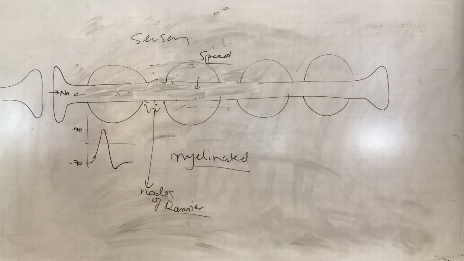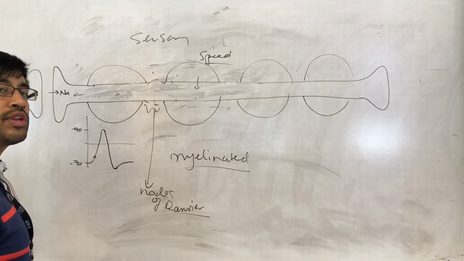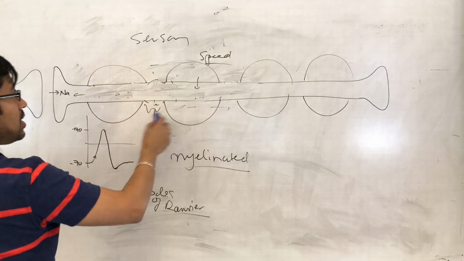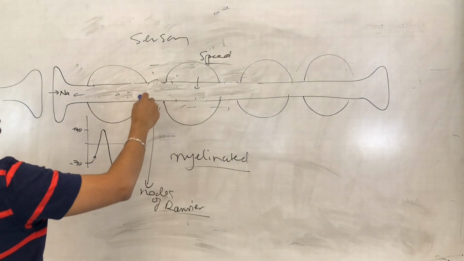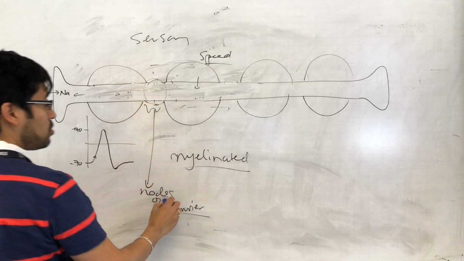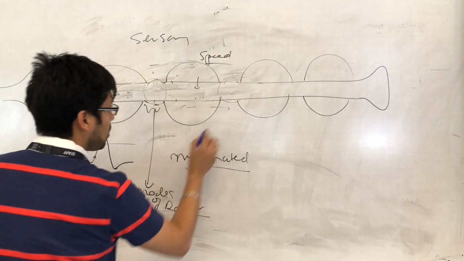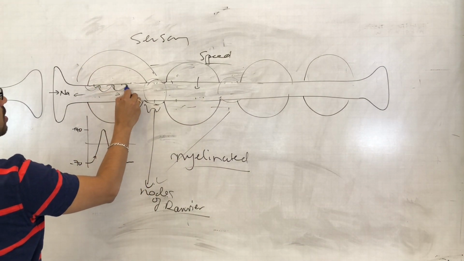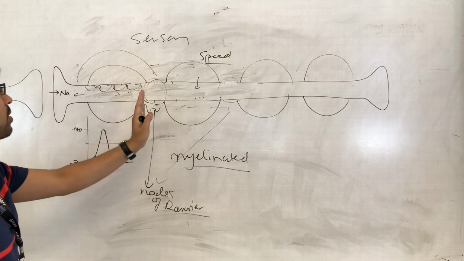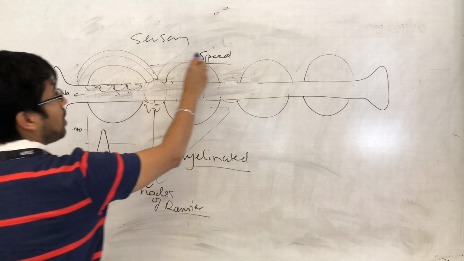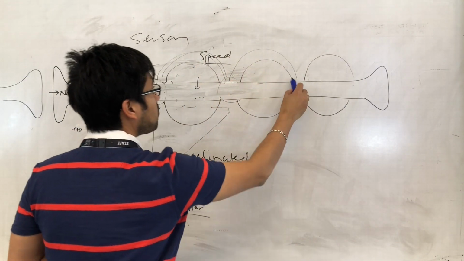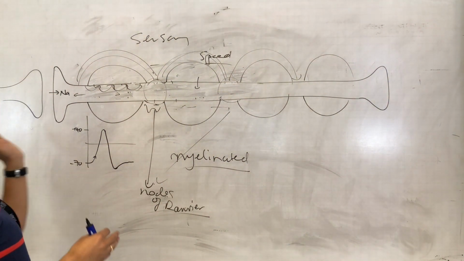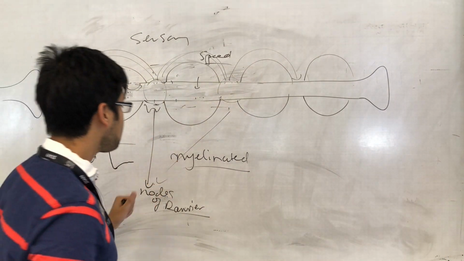For our purposes right now, it suffices to say that because the ionic movements and the depolarizations are localized to the nodes of Ranvier, the action potential, instead of moving gradually along the axon as we just discussed, has to jump from node of Ranvier to node of Ranvier, effectively speeding up the conduction of the action potential. Okay, so that is speed of conduction.